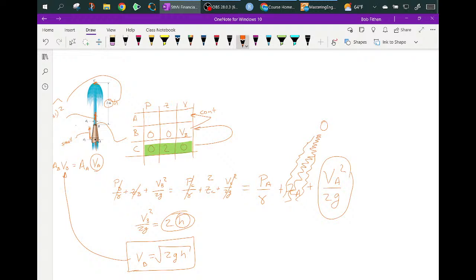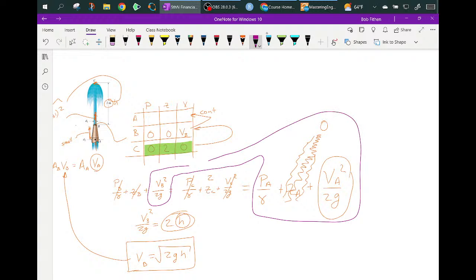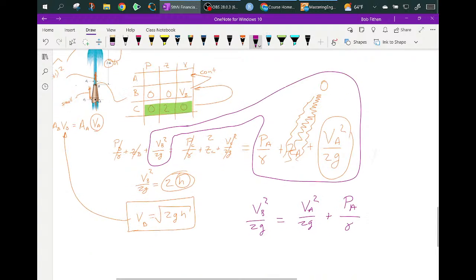So in other words, if I look at these terms, velocity of B squared over 2G is equal to velocity of A squared over 2G plus PA over gamma.